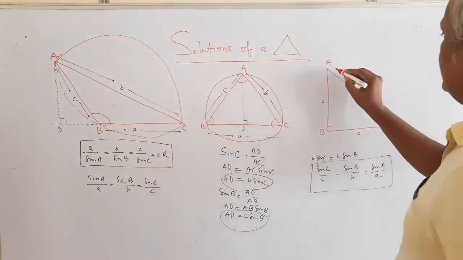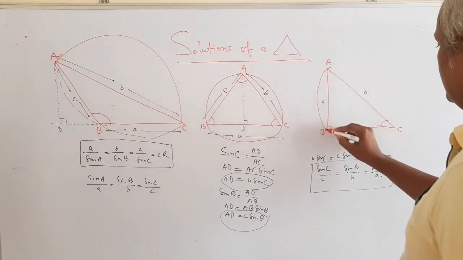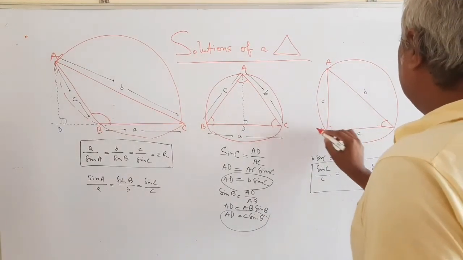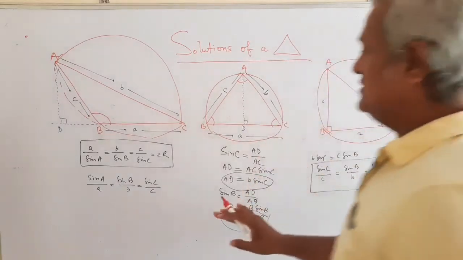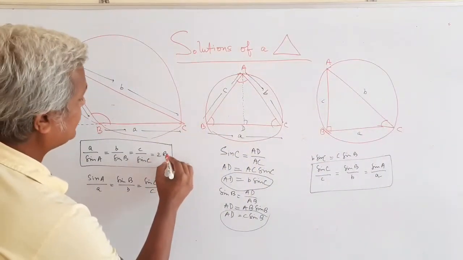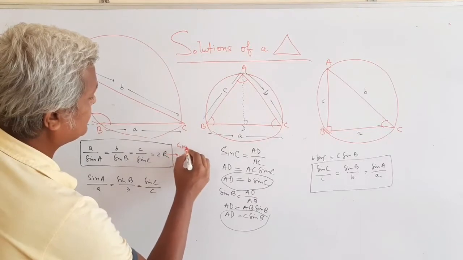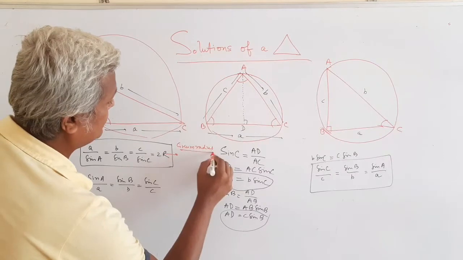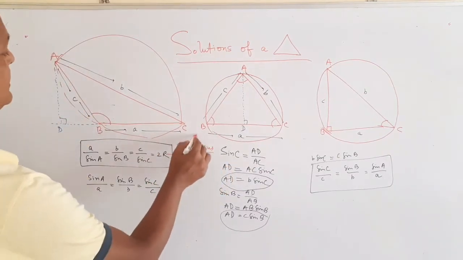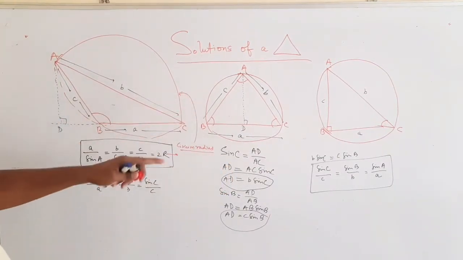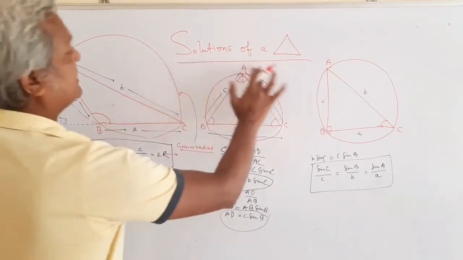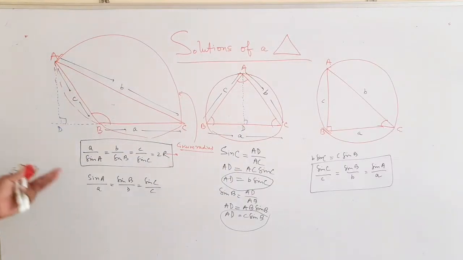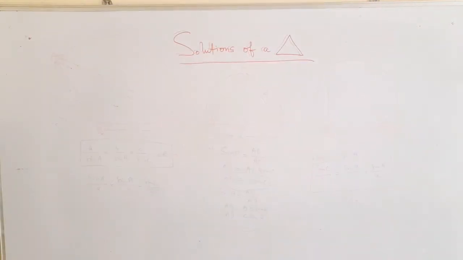If you are interested in finding the circumradius, then you can use this relation where 2r is the circumradius of these circumcircles. A circle circumscribing this triangle, the radius of that circle is called the circumradius. So this is our sine rule.